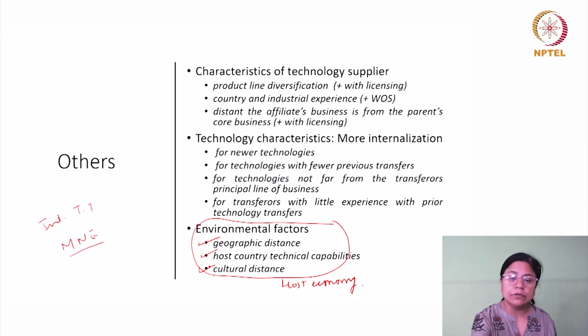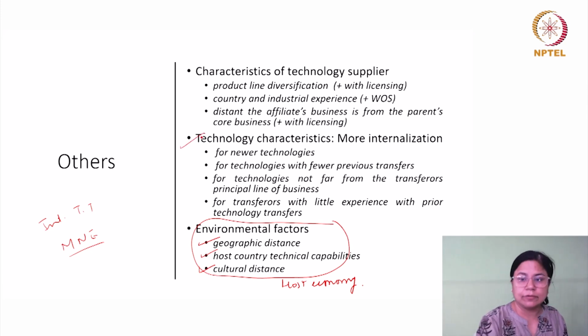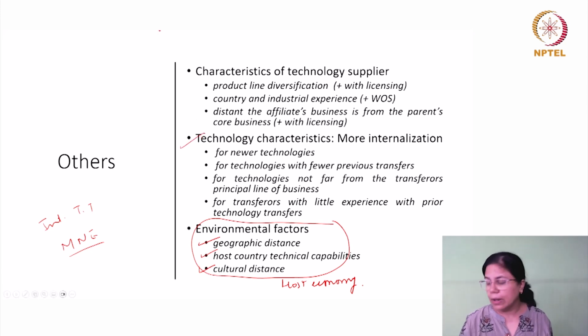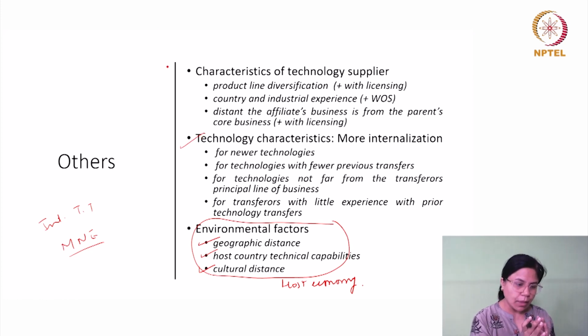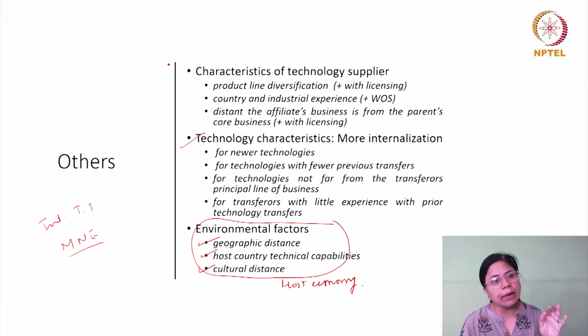Then transfer will also depend upon the technology characteristics. Why? Because for the choice of mode we have just talked about, if we are looking at a technology with more tacit knowledge, then the more internalization option, that is FDI, would be preferred. So technology characteristics will have a very important impact on the mode which would be preferred.